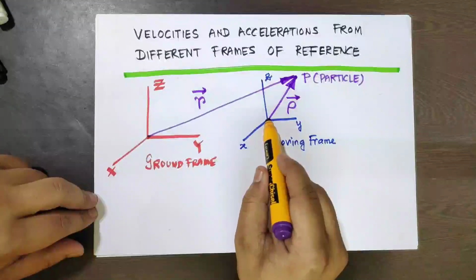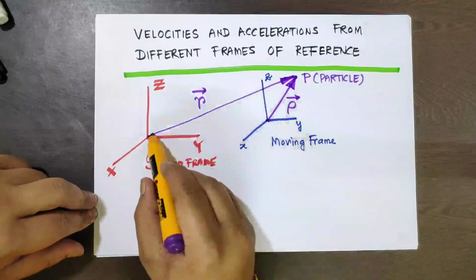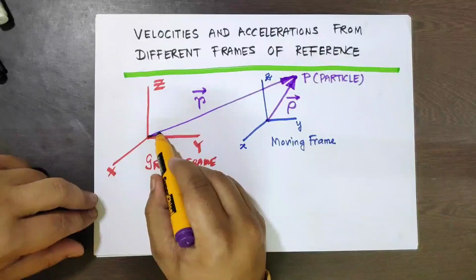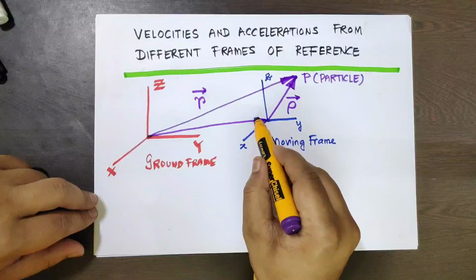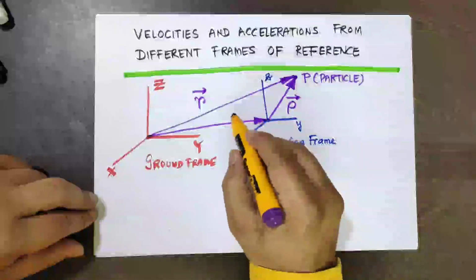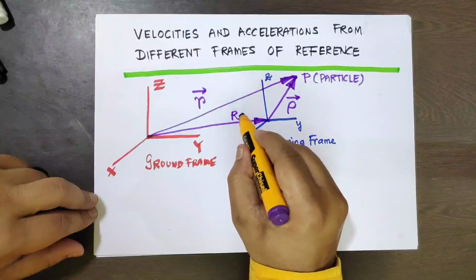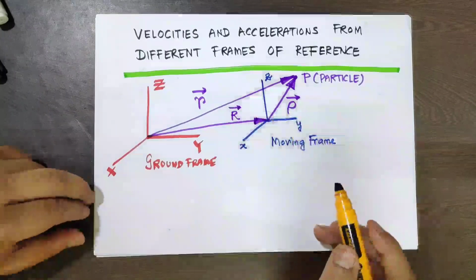And the position vector of the origin of the moving frame from the ground frame is vector capital R, right?